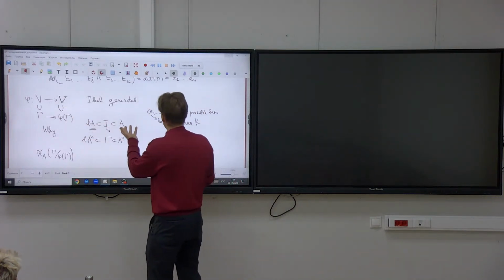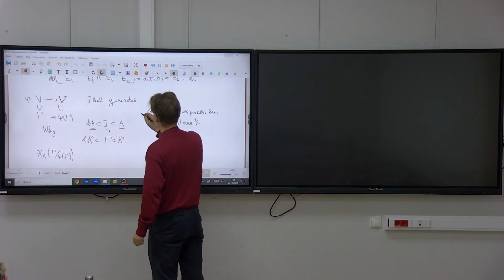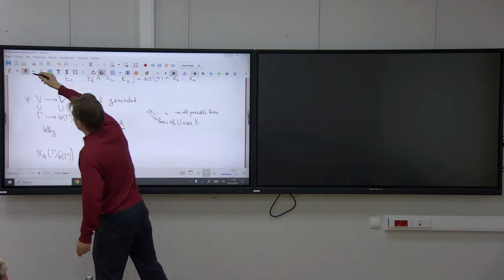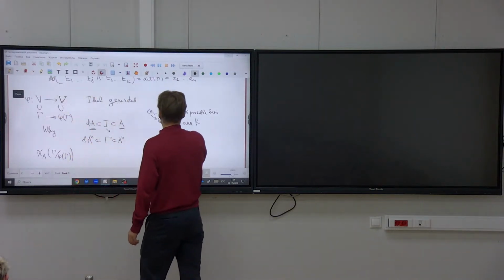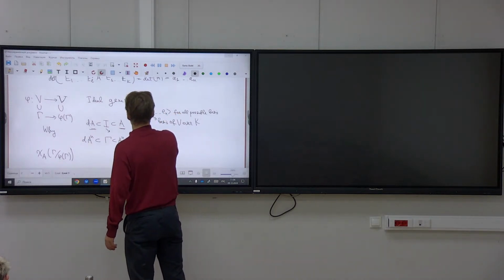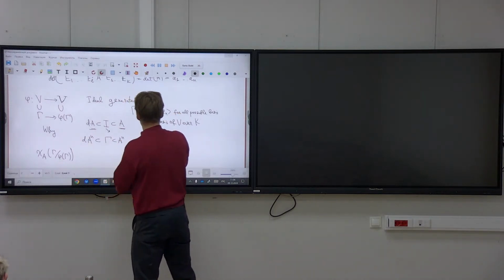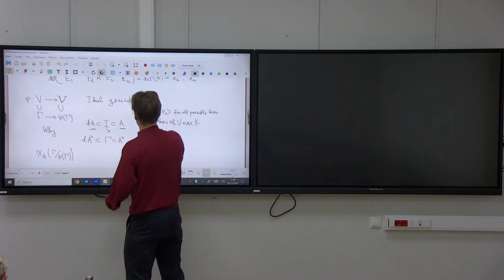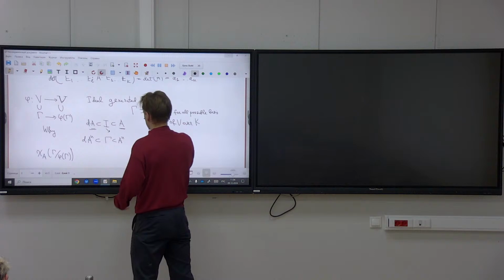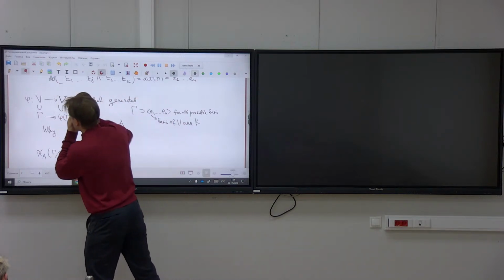So I propose you pick all possible bases in gamma. Not bases: you take in gamma the collection of elements.